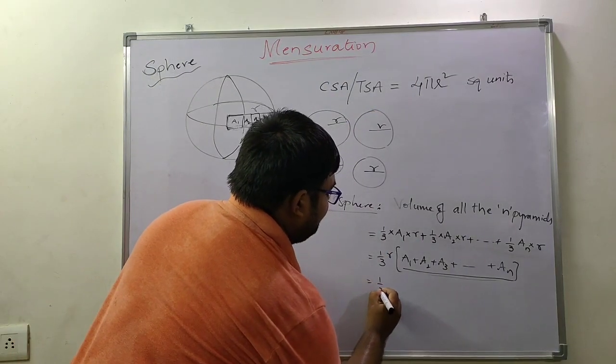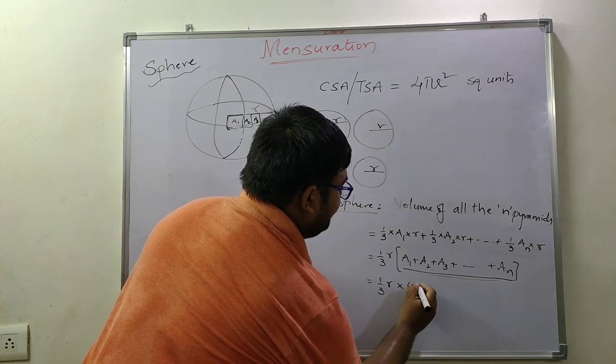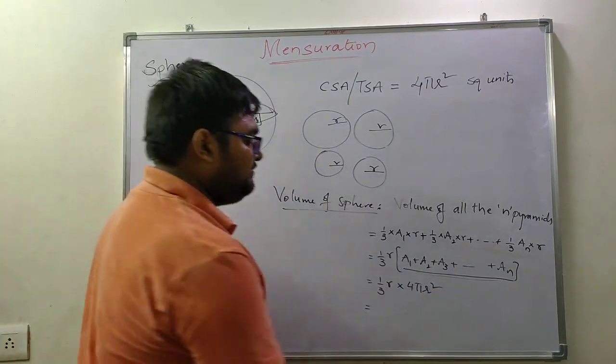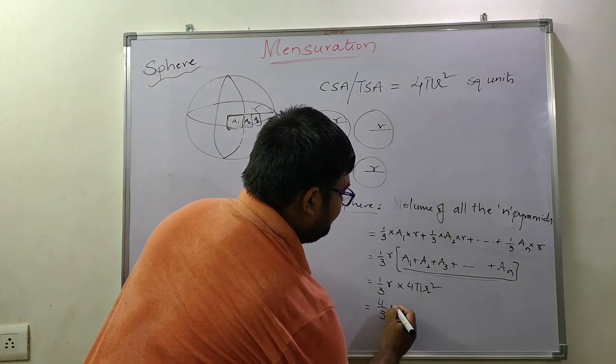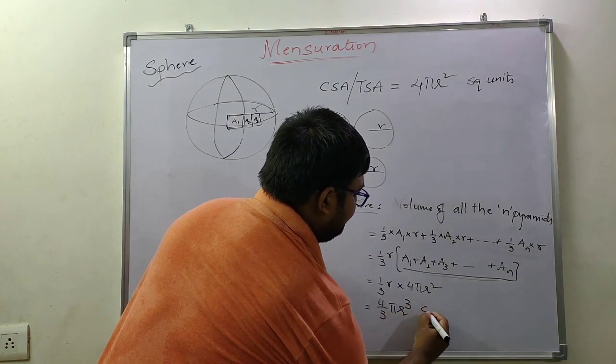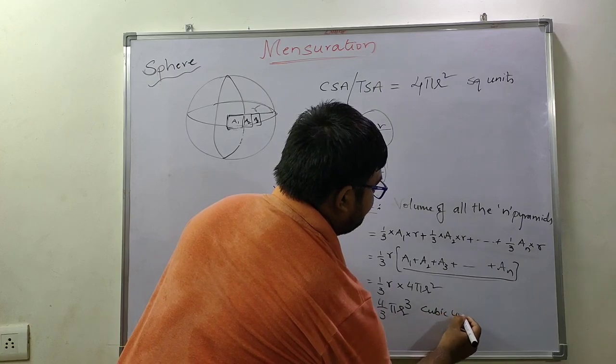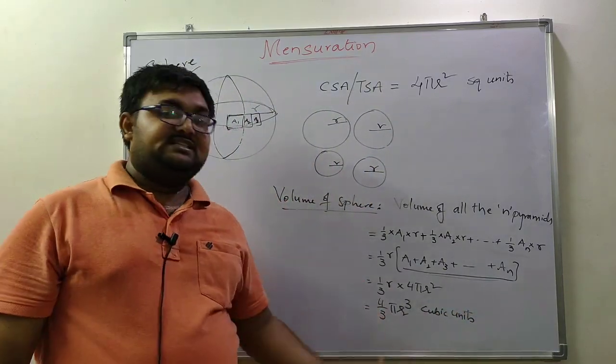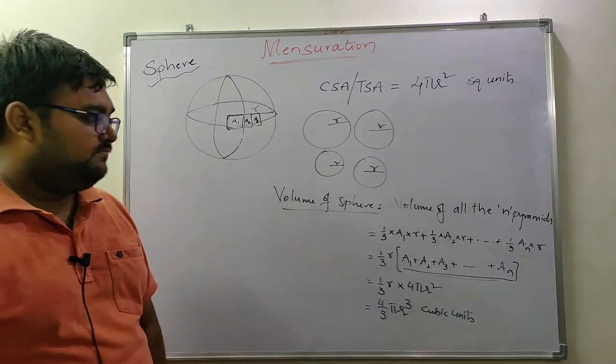That is 1/3 R into 4 pi R square. If I multiply this, what do I get? 4/3 pi R cube cubic units. This is the volume of the sphere: 4/3 pi R cube.